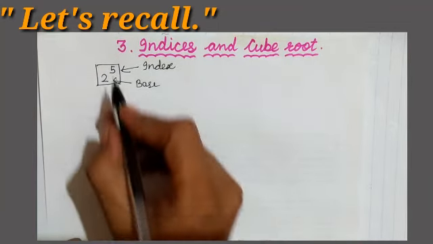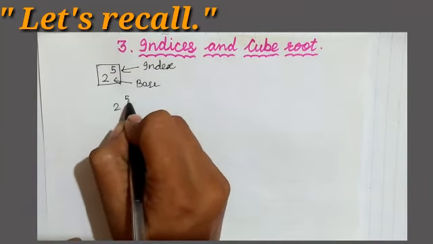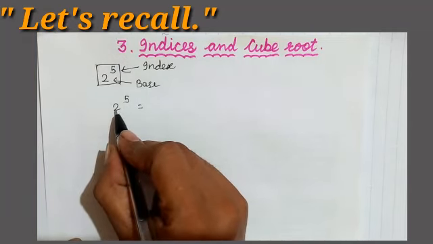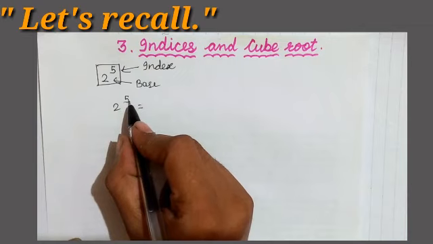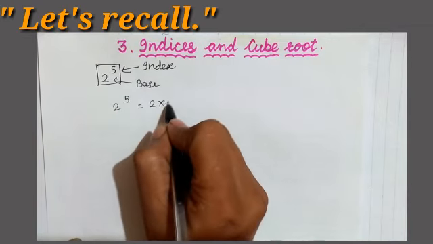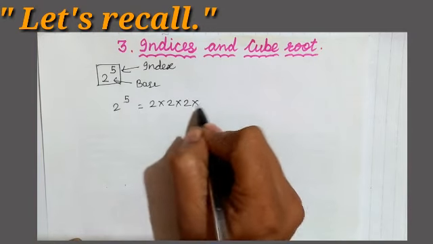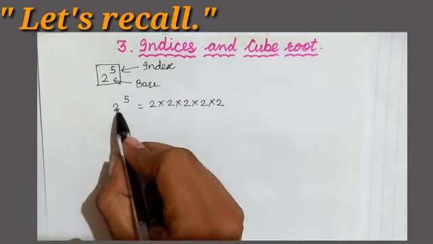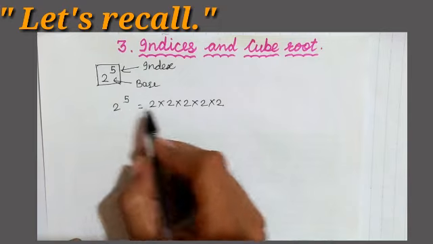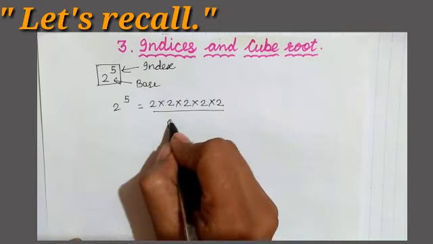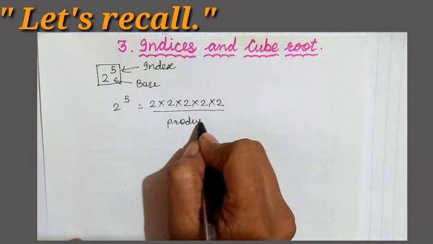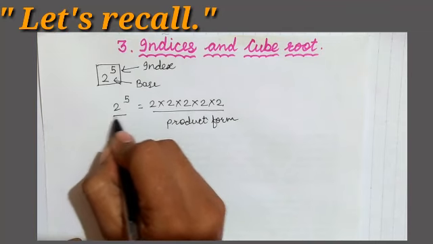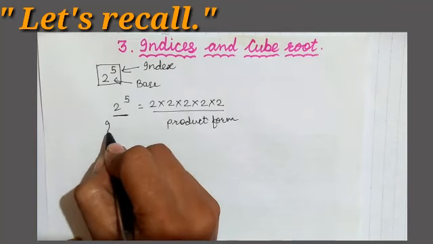If we solve the sum 2 raised to 5, then we multiply the base, it means 2, index times, it means 5 times, that is 2 into 2 into 2 into 2 and then the last 2. So 5 times we multiply the base 2. This is called the product form, and this one is called the index form.